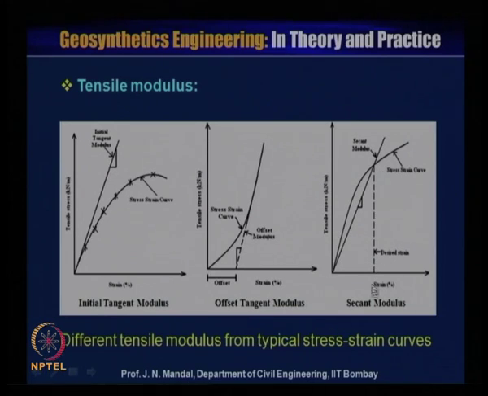So, you can take any point on this curve and then take a slope of this, which will give you the secant modulus. Also in many designs we use the secant modulus. This is the ratio of the stress and the strain, which will give you the secant modulus. So, in this slide we have shown the different tensile moduli for the typical stress strain curve.